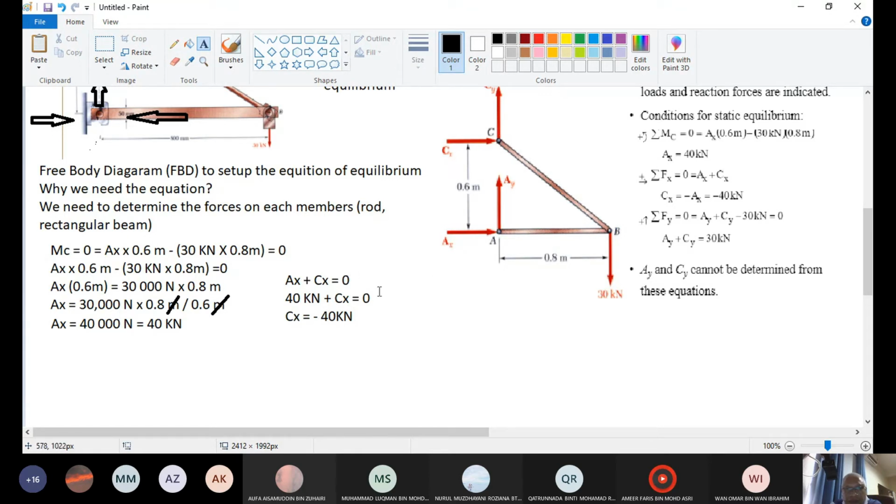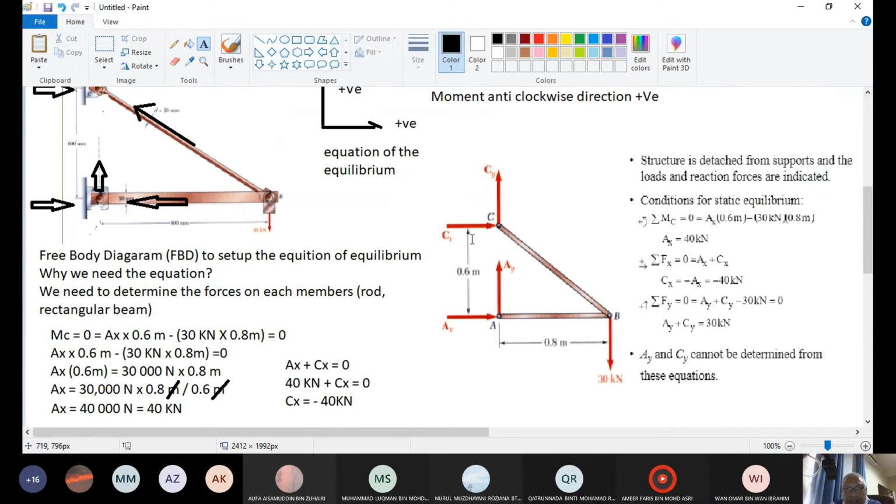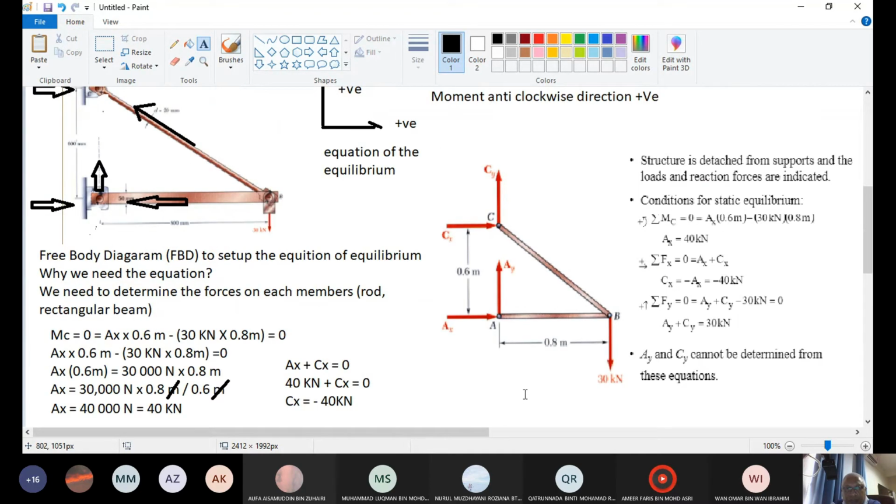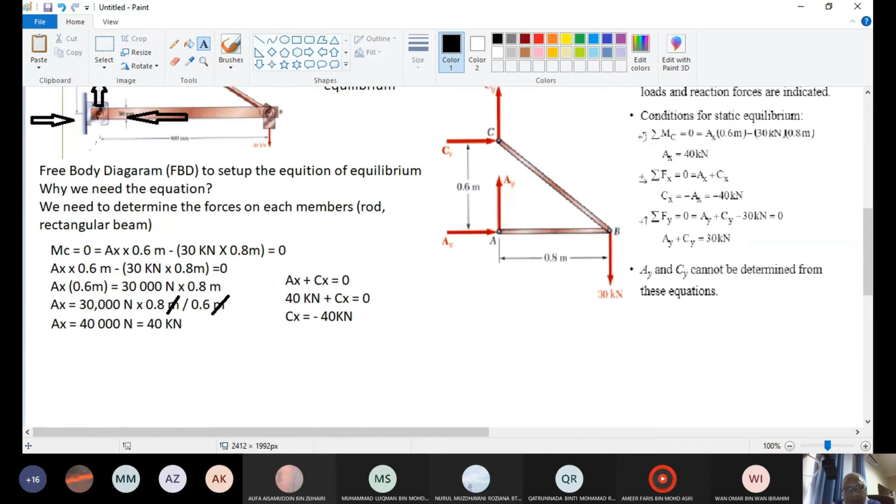Now we are left with, you got Ax, you got Cx. We need Cy, we need Ay. How do we go about that? So I cannot solve it. So we have to find how to do it. We have to consider other means.